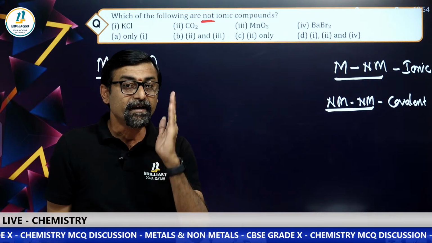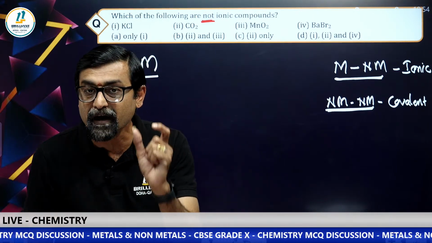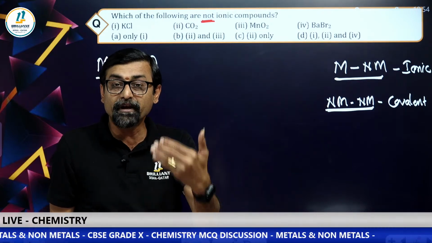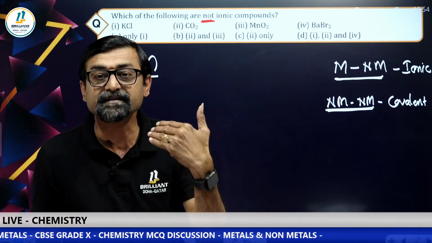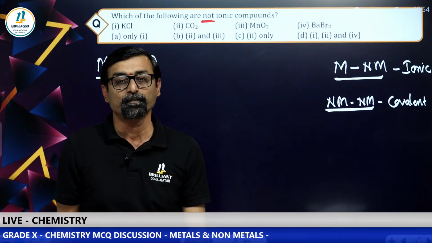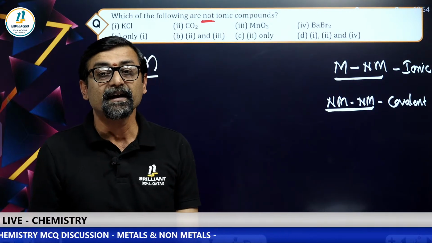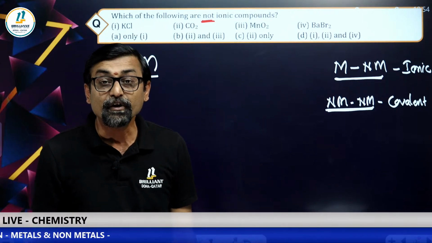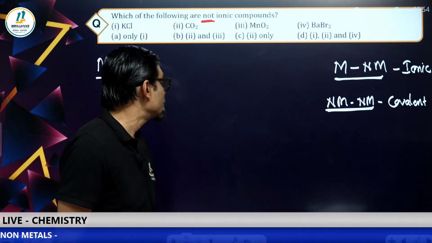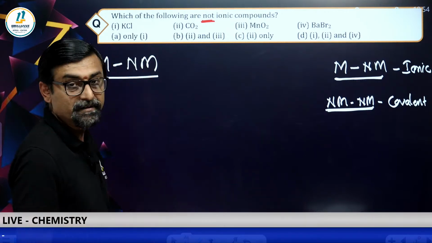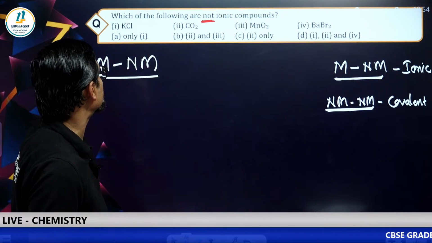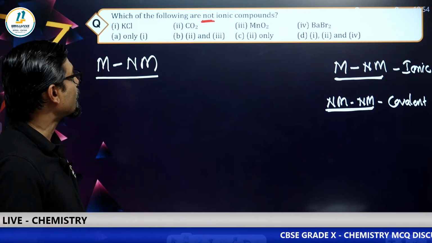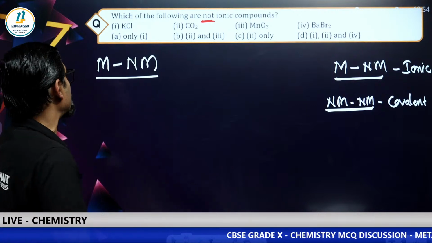If an element has the ability to donate electrons, such an element is a metal, and an element which has the ability to accept electrons is called a non-metal. So here we have metals and non-metals. Let us find out which compounds are giving us ionic compounds and which are not.